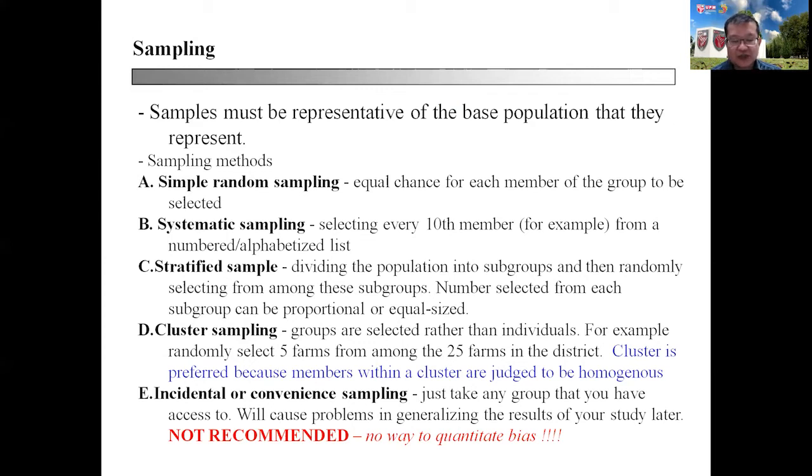The third strategy will be stratified sampling, whereby you are dividing the population into subgroups and then randomly selecting from among those groups. For example, you may want to stratify the samples according to their age and then further divide them according to male, female, and then maybe their body weight and so on and so forth.